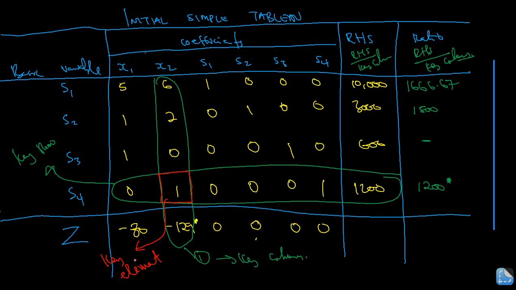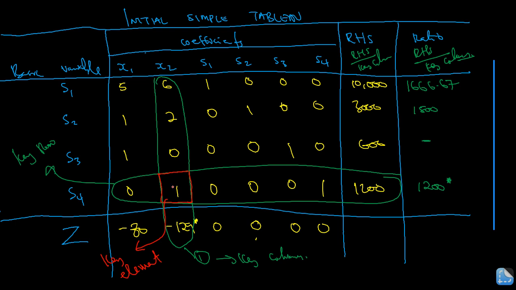Now, having found the key element, the next logical step is to ensure that the key element is a 1 at all times as we solve our simplex table. What I mean is this.